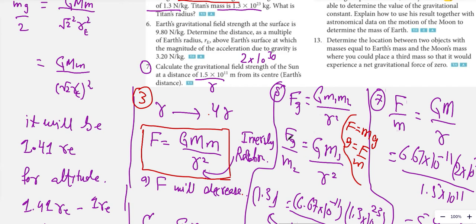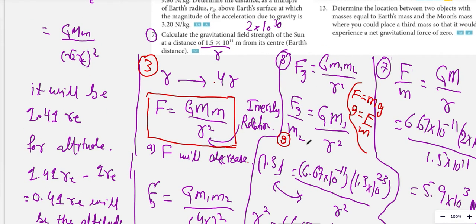As we know that this Fg by m2 is equal to g, the gravity on the Titan surface, it is 1.3 Newton per kilogram. Then we can put the rest of the values. For example, we have the gravitational constant, which is 6.67 times 10 to the power minus 11. Then the mass is given as well, so it is 1.3 multiplied by 10 to the power 23.